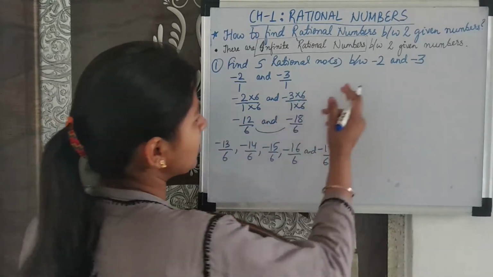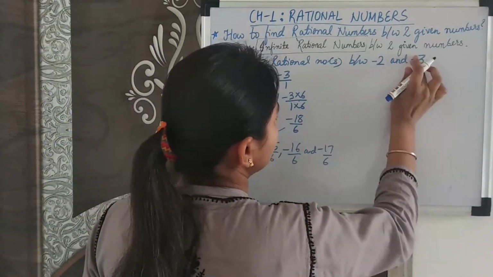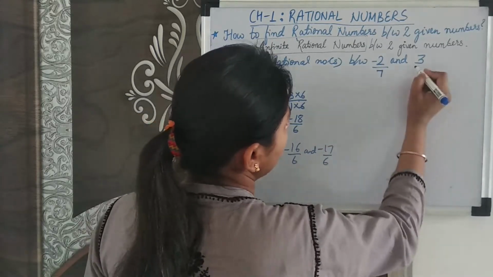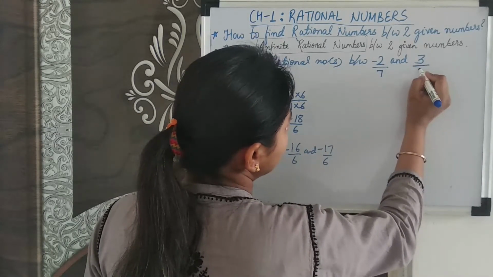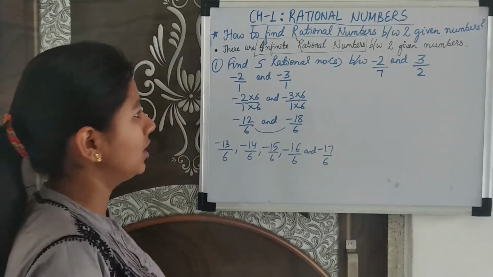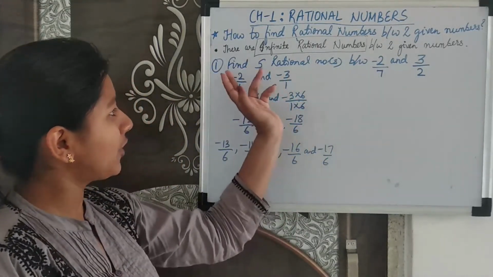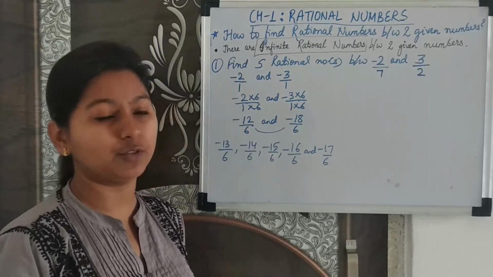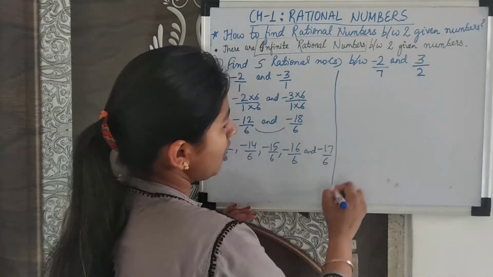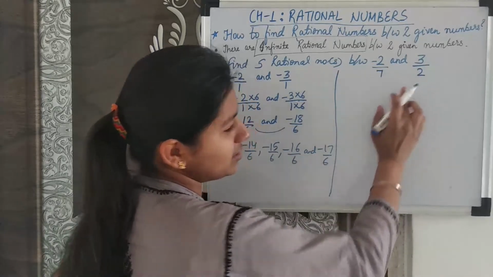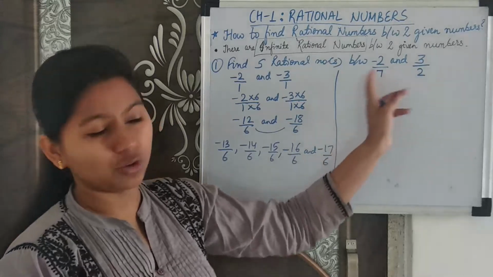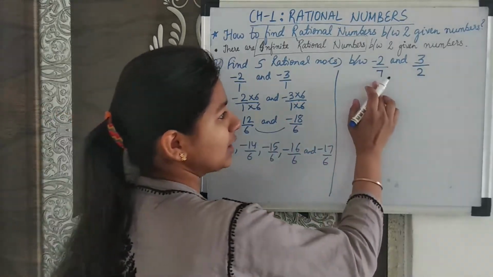Now similarly, I will just change this question. Supposedly this is minus 2 by 7 and this I am taking as 3 by 2. These are my 2 rational numbers and I have to find again 5 rational numbers between these two numbers. So what will I do? First I can see that in this case the denominator is not the same, so first I have to make the denominator the same.